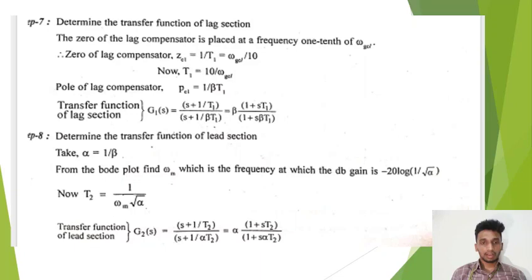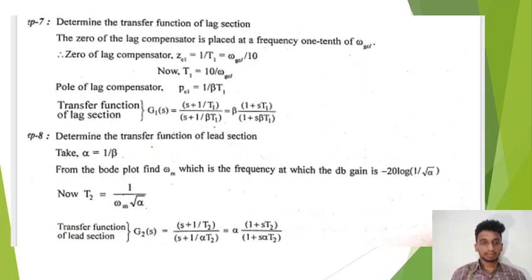Pole of lag compensator PCL is equal to 1 by beta T1. Transfer function of lag section G1 of S is equal to S plus 1 by T1 divided by S plus 1 by beta T1, which is equal to 1 by beta into 1 plus S T1 divided by 1 plus S into beta T1.